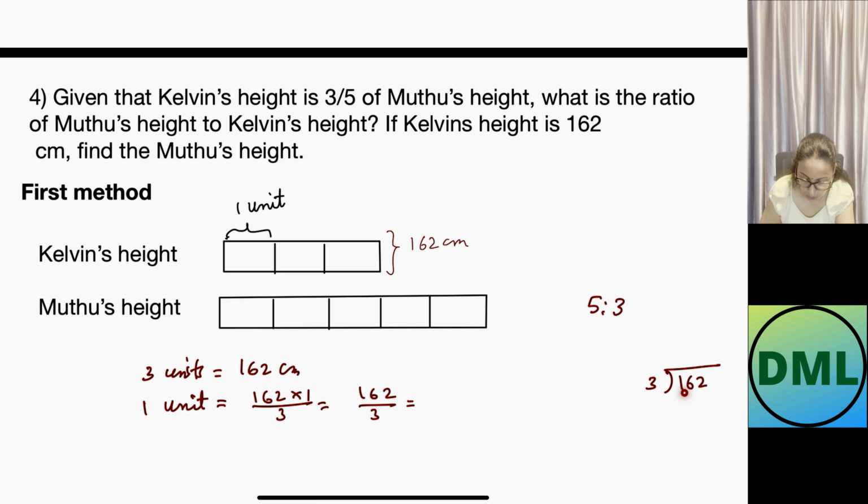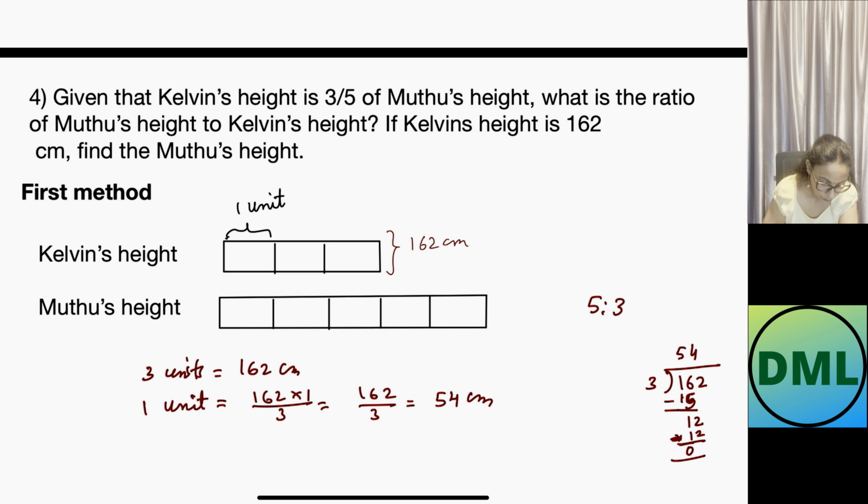I have to take 2 digits together, which is 16. 3 times 5 is 15, which is less than 16. 6 minus 5 is 1, and 12. 3 times 4 is 12, and there's nothing left. 54 is my answer. That means 1 unit is 54 centimeter.